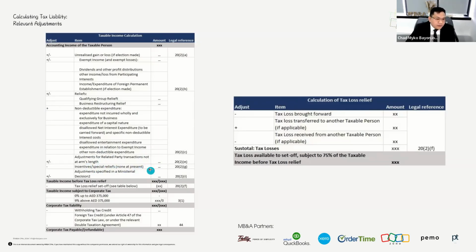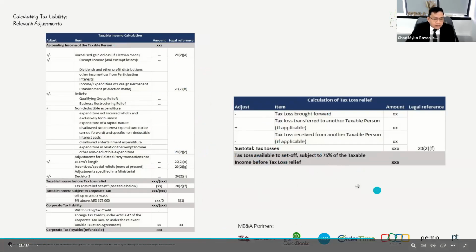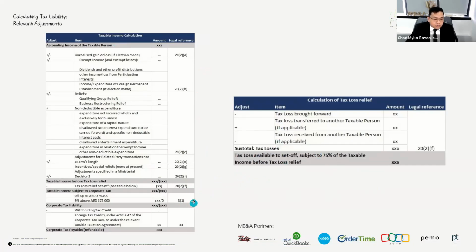So special reliefs. As of the moment, there are no special reliefs other than the SBR, or the small business relief. So again, if you choose small business relief, you will just be needing to report your revenue and all other information will not be required. But again, SBR is only up to 2026.